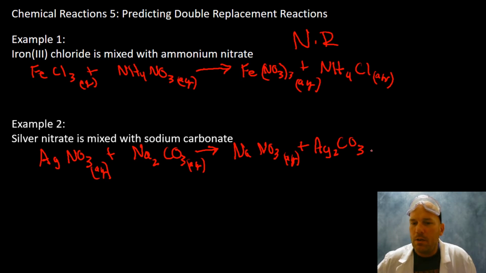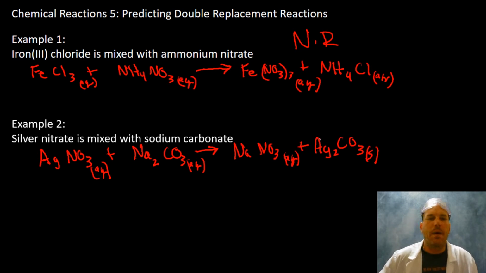All right, so this is going to be your precipitate. Let's go through and balance. 2 silvers, 2 nitrates, 2 sodiums, 2 sodiums, 1 carbonate, 2 nitrates, and we are all set on this one here. Okay, so this reaction does occur.